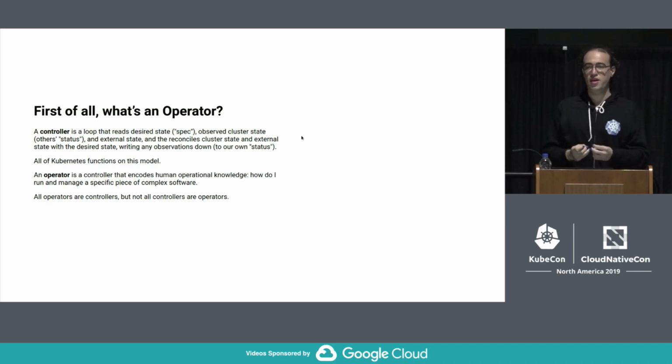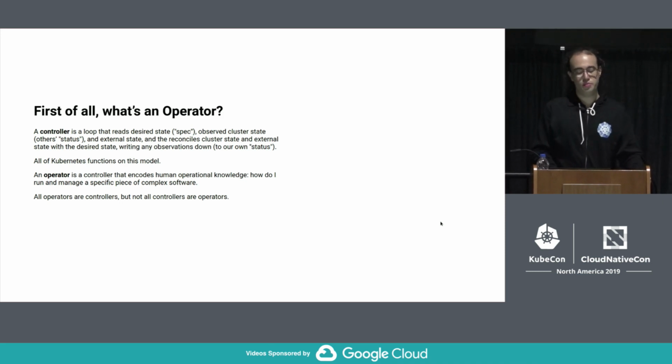It knows how to take a bunch of rules from different namespaces about how to monitor applications, bundle them up into something that can be passed to Prometheus itself as configuration, and manage some number of Prometheus instances. So all operators are controllers, but not all controllers are operators. Some controllers just have general knowledge. The deployment controller doesn't have any specific insight into what it's managing. All it knows is that it needs to do some rolling updates.